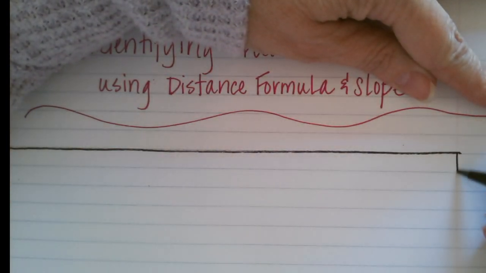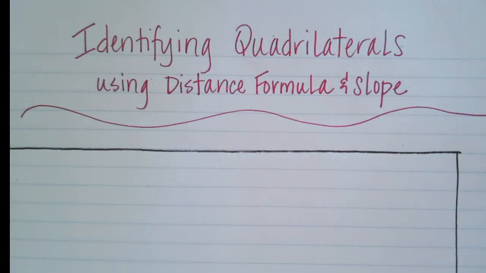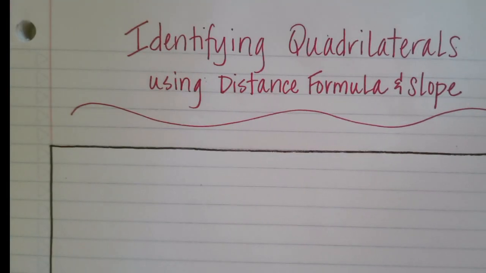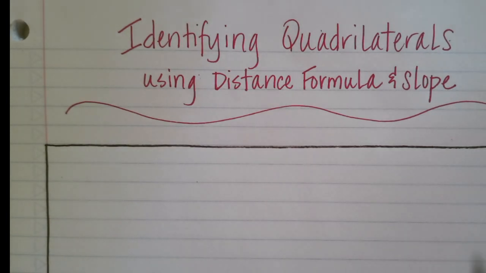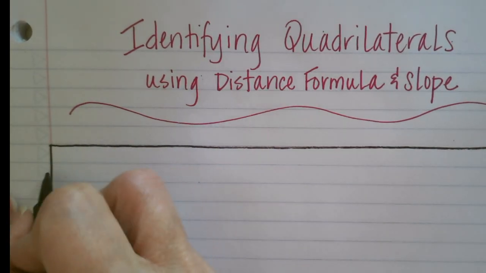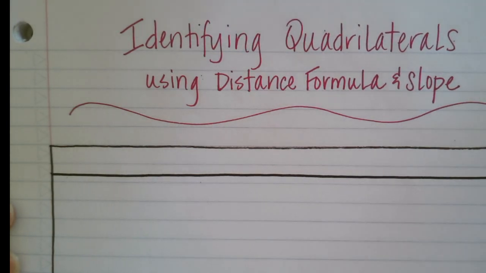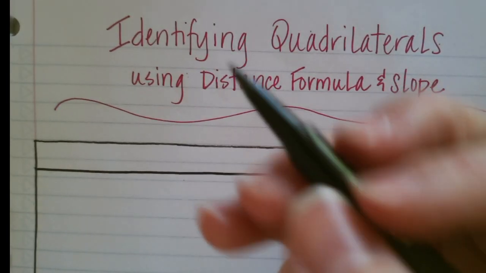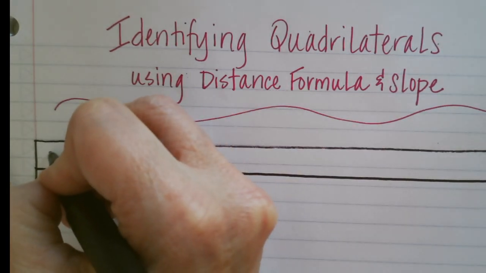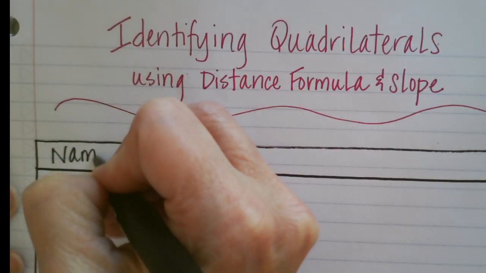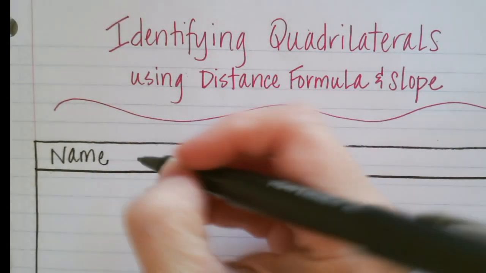Okay, so I am going to start by just doing, oh my gosh, I'm having a really good line day here. Okay, so this is going to be the name of the quadrilateral right here.